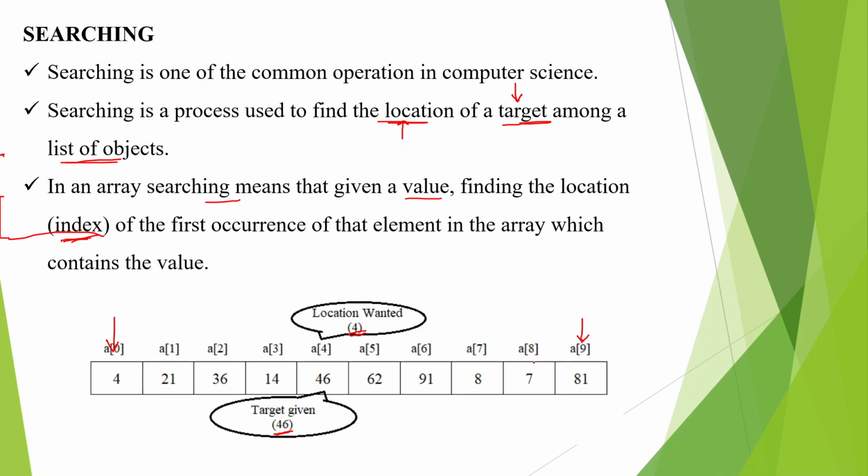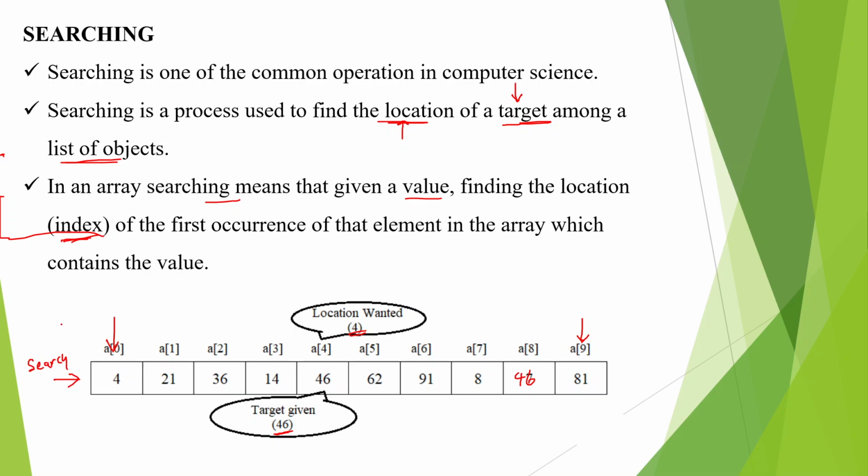So what we are looking for is just the first occurrence of such an item. Even if you have a repeated 46 value, let us assume one more 46 here, as we start the searching process from the 0th index, we always look for the first occurrence of that element.